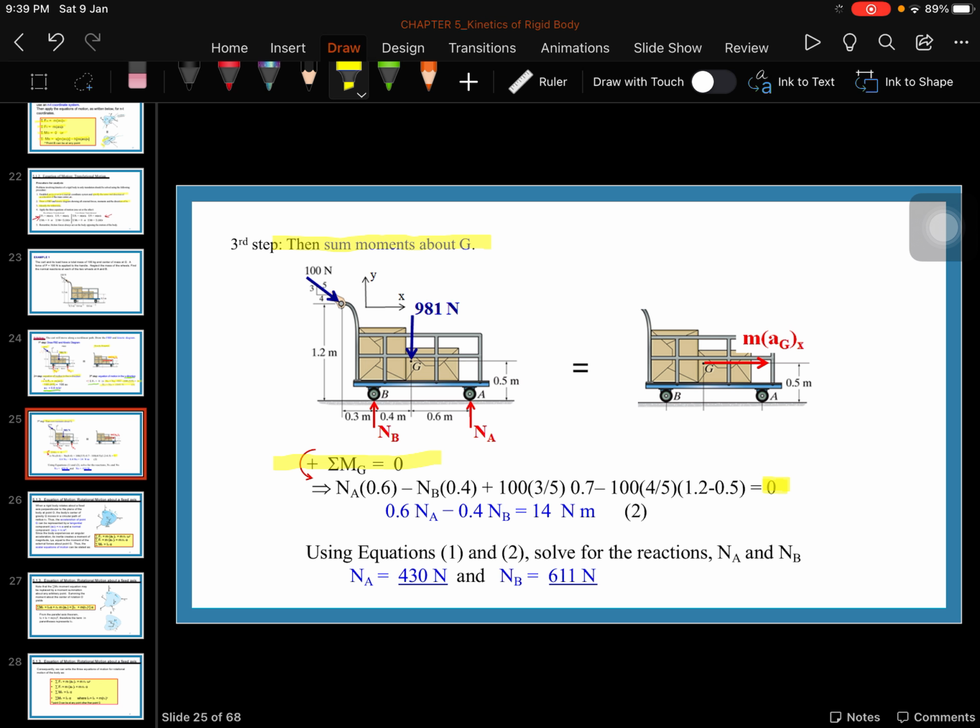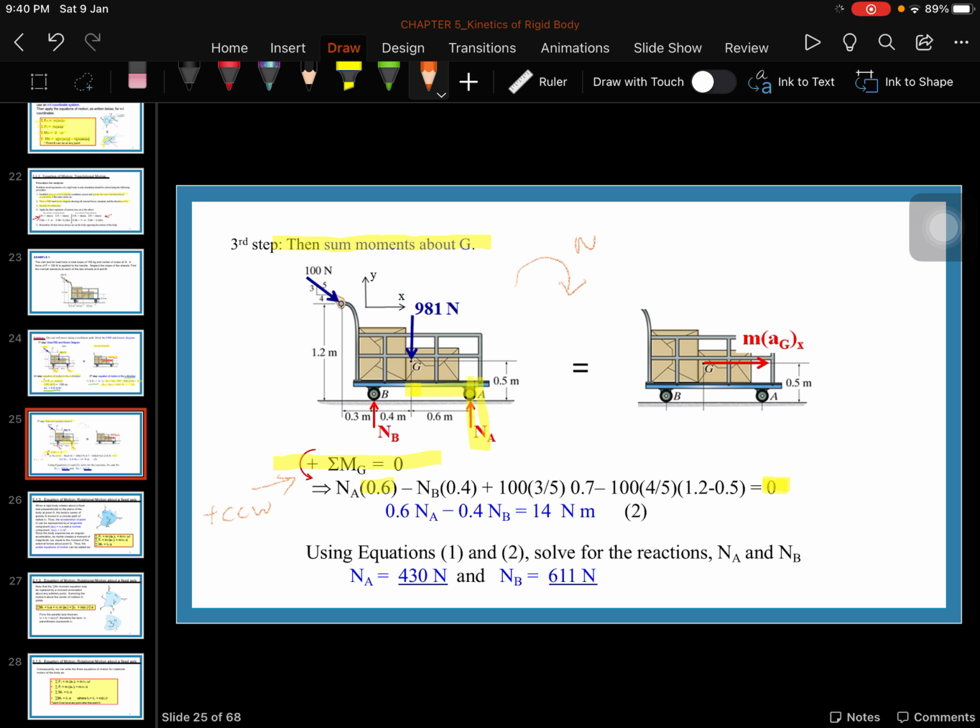So first NA times d, the distance for A from G is 0.6, minus, because we assume counterclockwise positive, NA will move counterclockwise and NB will move clockwise.